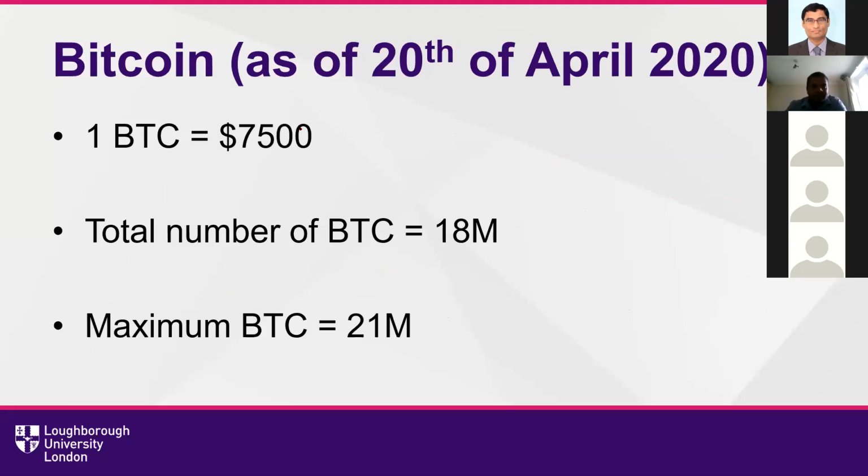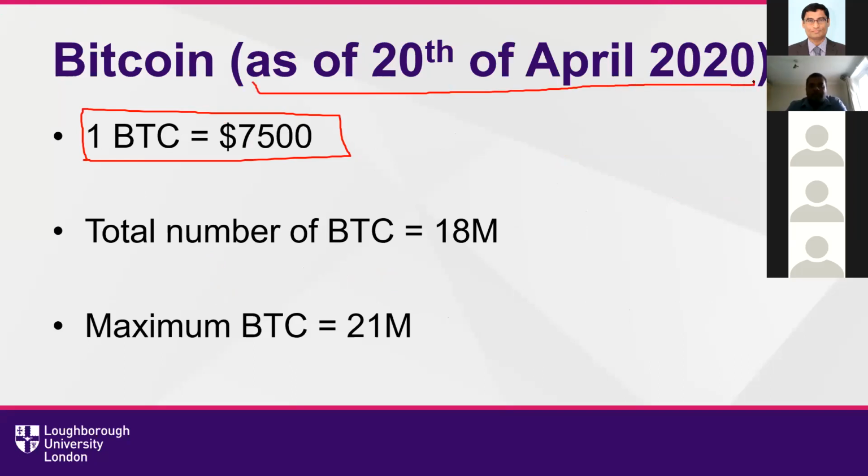I think the answer is already here. The value of 1 Bitcoin currently is $7,500, as of last week. Previously, because of this coronavirus situation, this value has gone down significantly.